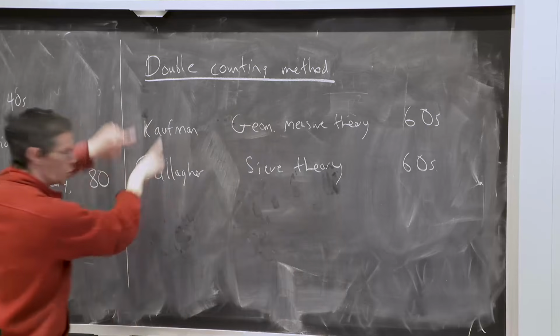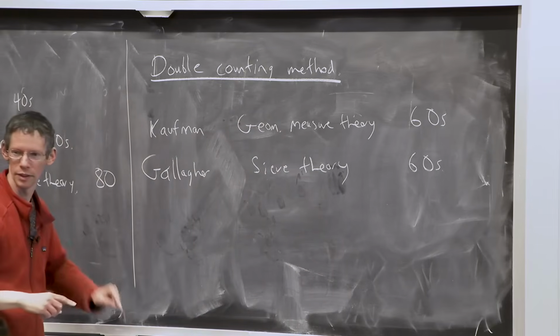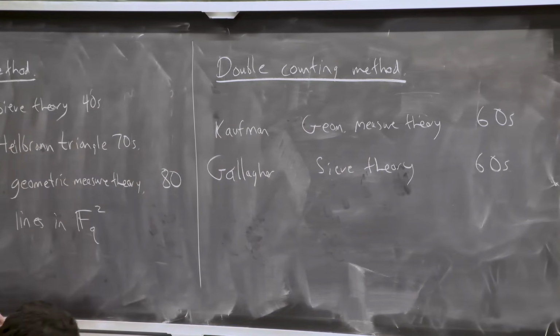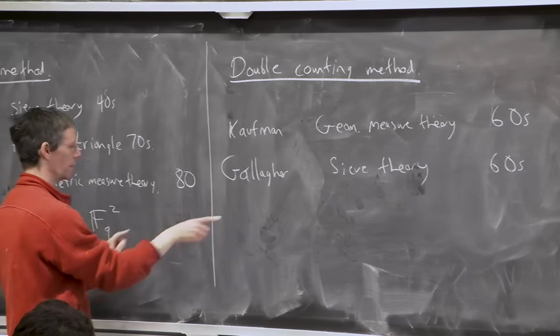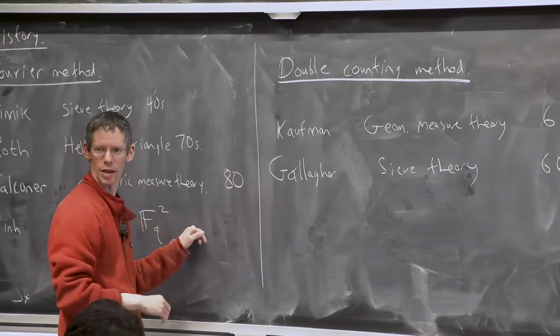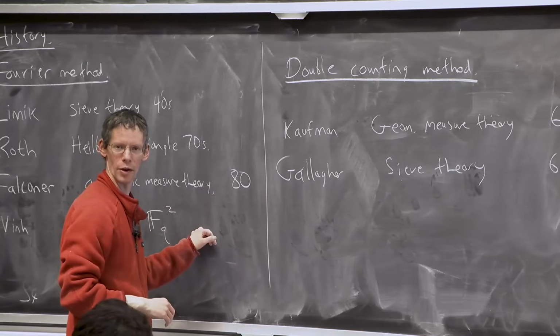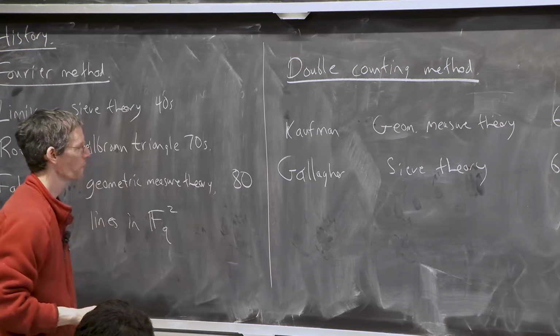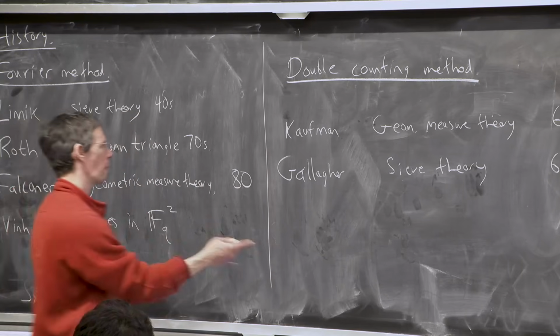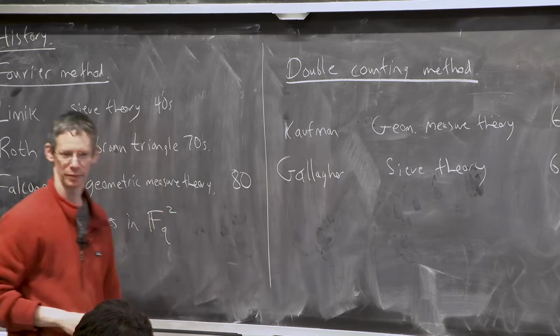I'm pretty sure that these two people did not know what the other one was doing. And I guess it was probably also done in the setting of lines in finite fields in the 60s or 70s, but I don't have a reference. And those people probably didn't know about either of these people.